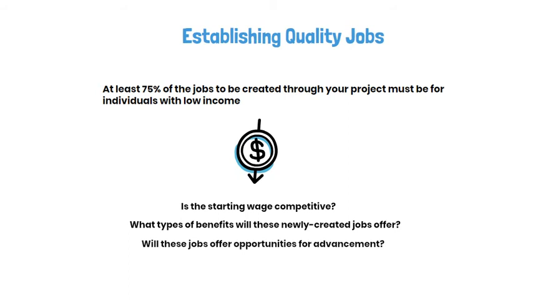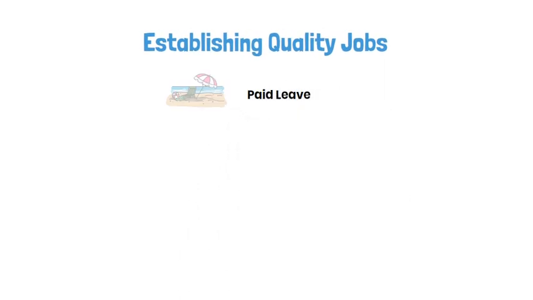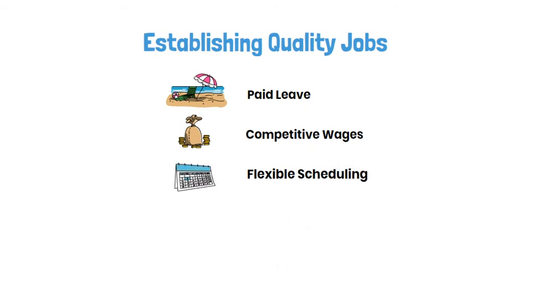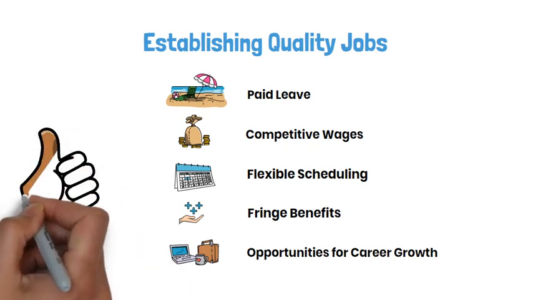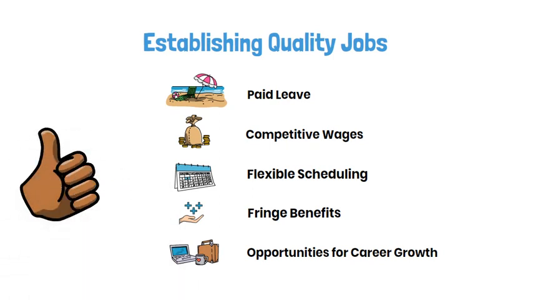Will these jobs offer opportunities for advancement? Amongst other factors, paid leave, competitive wages, flexible scheduling, fringe benefits, and opportunities for career growth are important aspects of supporting individuals working towards self-sufficiency and should be considered as you design your project. Also think about what other types of benefits could be provided to advance this objective.